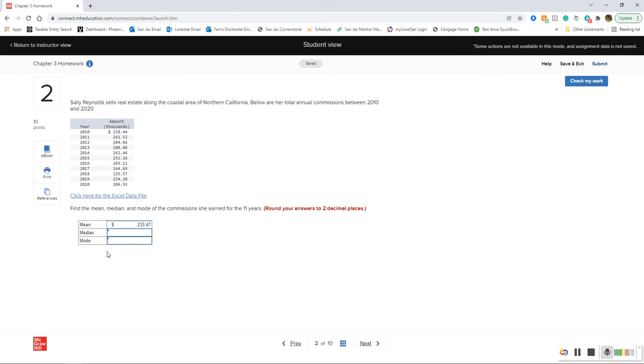Alright, so now median and mode. Remember, median is the one that falls right in the middle when the numbers are in order.